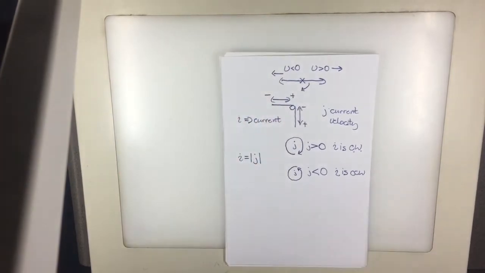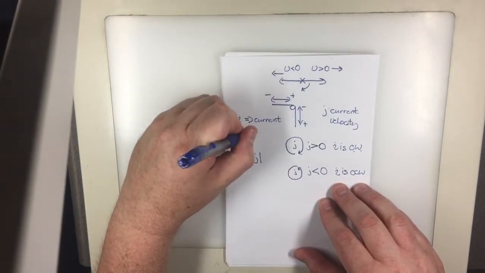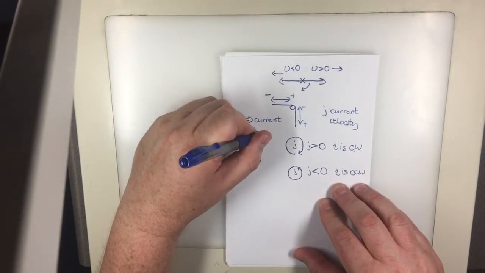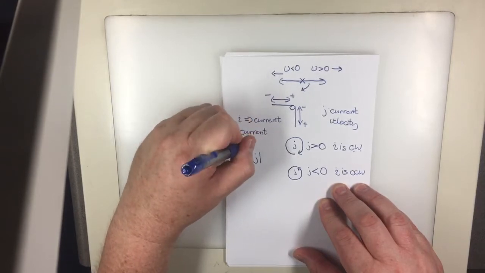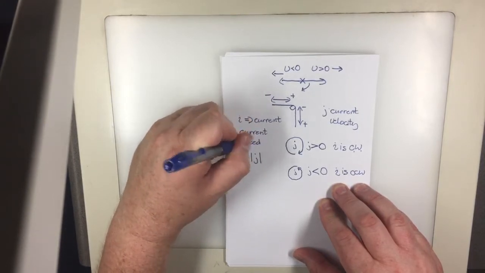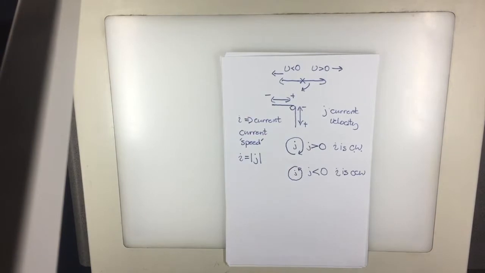And to use an analogy from 213, I think of it as current speed. But if you just want to say current, that's fine. I'm just teaching it in a way that makes it easier.